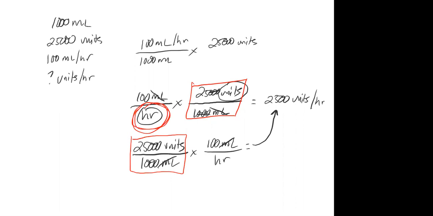But notice that I keep these two things together, the 1,000 mL and the 25,000 units, and then I keep this together by itself. So I have two separate things that I keep. When I say keep together, I mean one's a numerator, one's a denominator, and I don't mess with that.